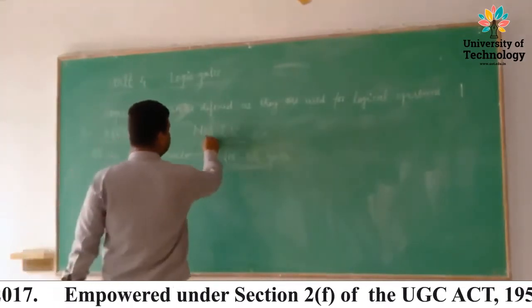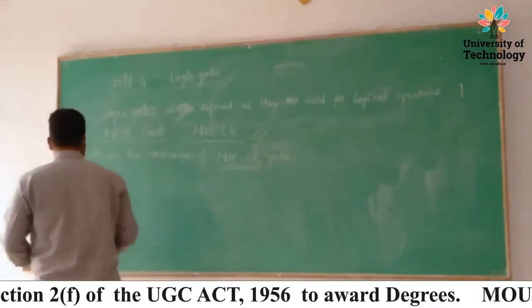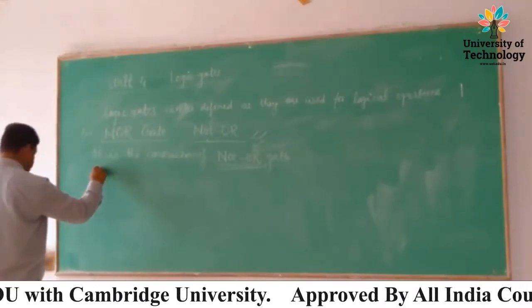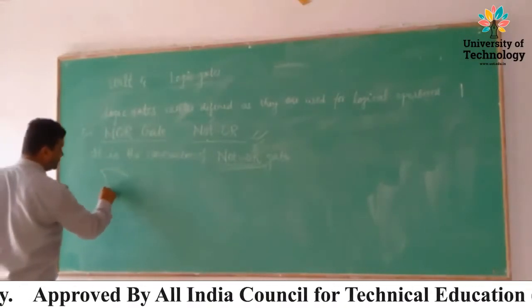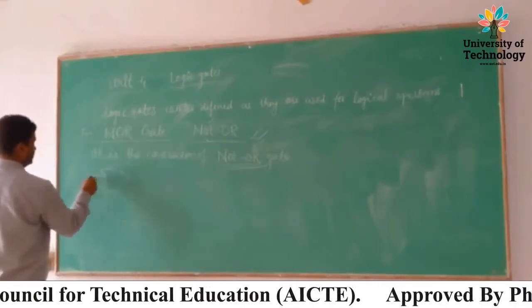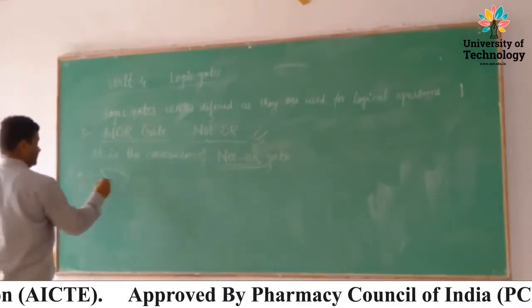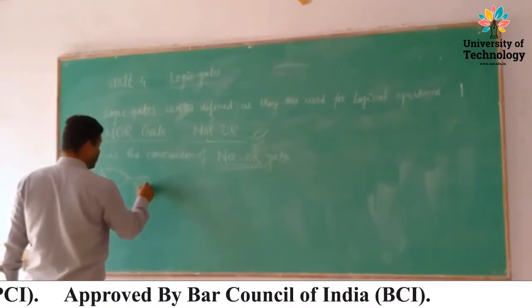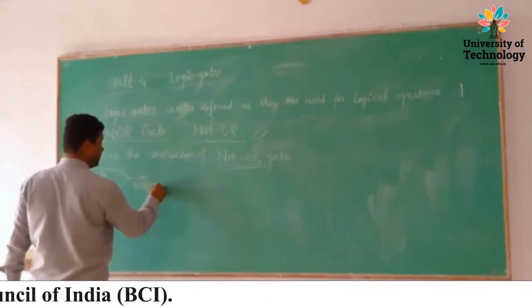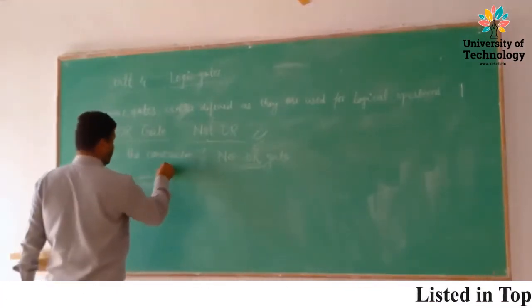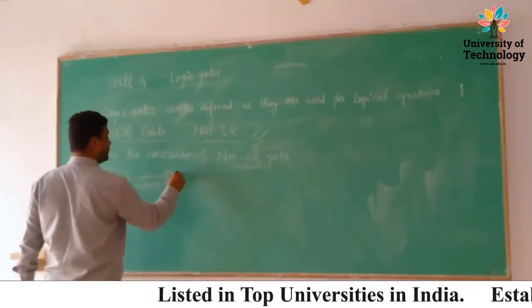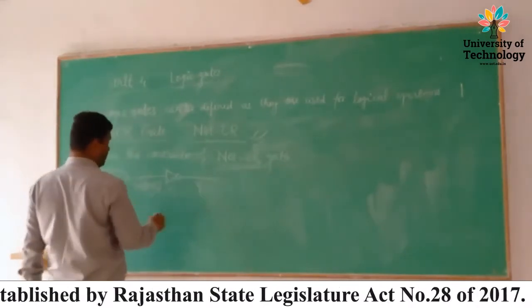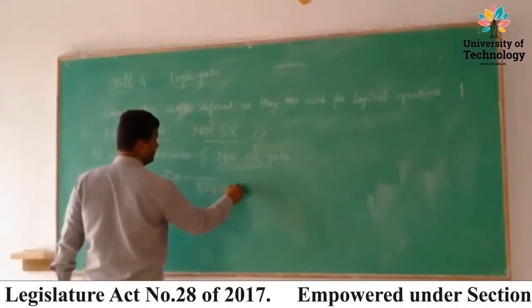We can make the symbolic diagram of this as we are considering two inputs A, B. Now y equal to A plus B. After that we will use the NOT gate. Here output y will be obtained as A plus B bar.